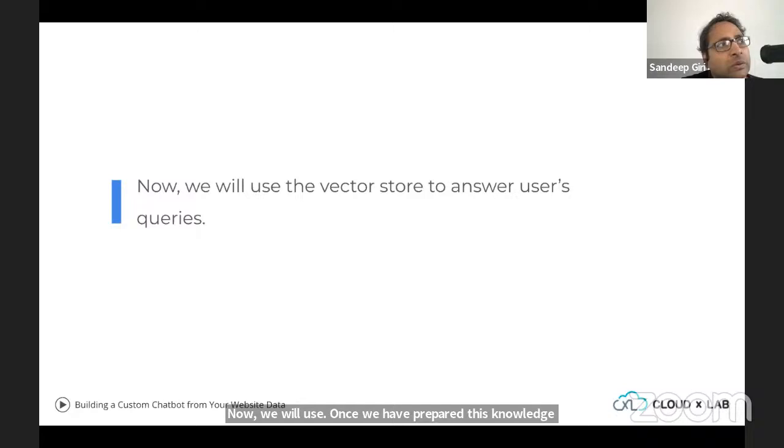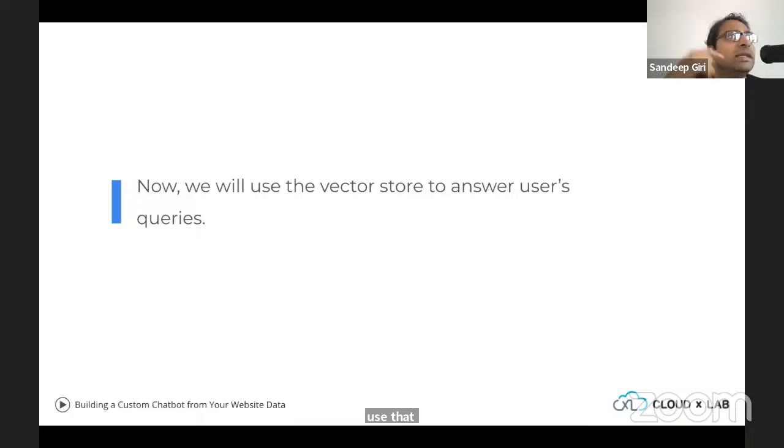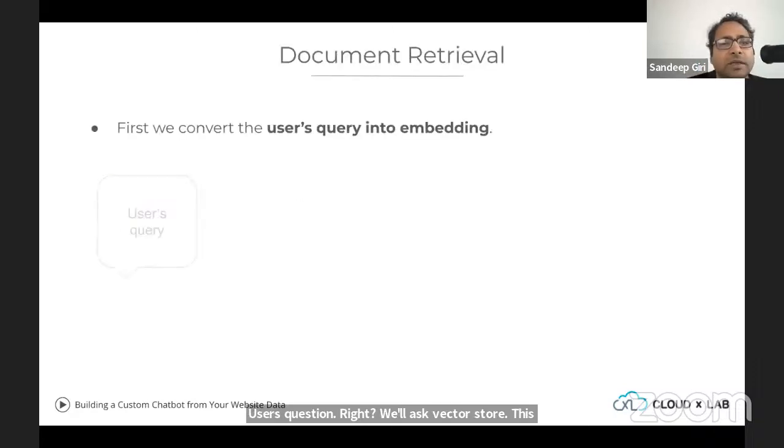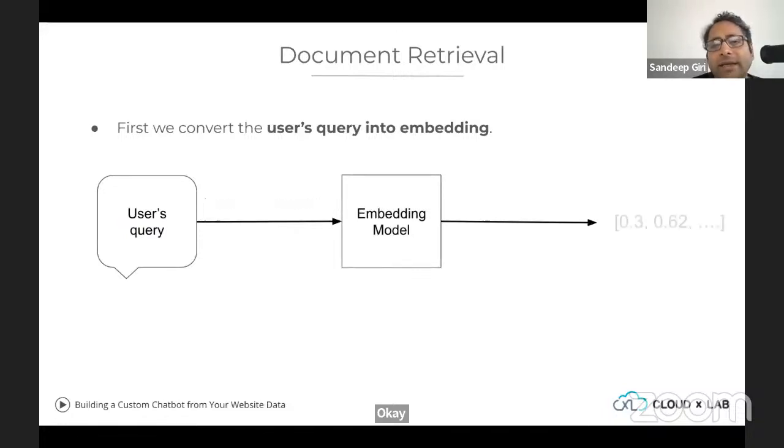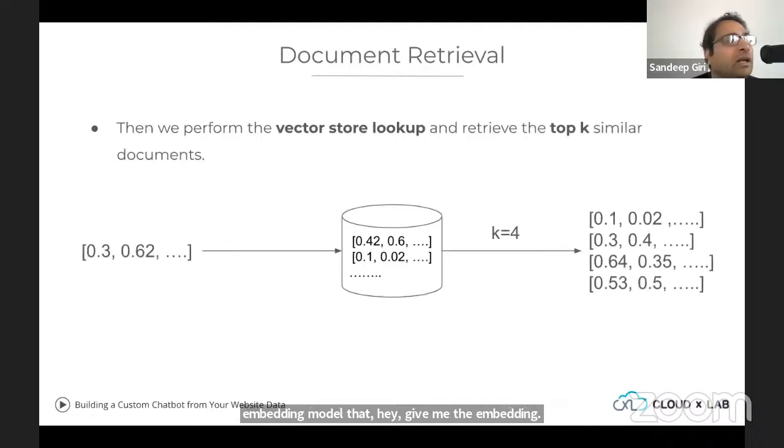Once we have prepared this knowledge base inside the vector store, we will use it to answer users' questions. We will ask the vector store, give me all the pages that are near to these embeddings. When the user's query comes, you ask the embedding model to give you the embedding. Then we ask the vector store, here is my embedding of the question, give me four nearest neighbors.